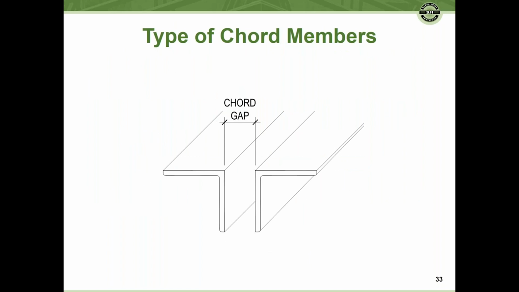Okay, we're going to just show you some examples of some repairs. Typically, chord members of what I'll call modern joists have angles with a gap between the angles.